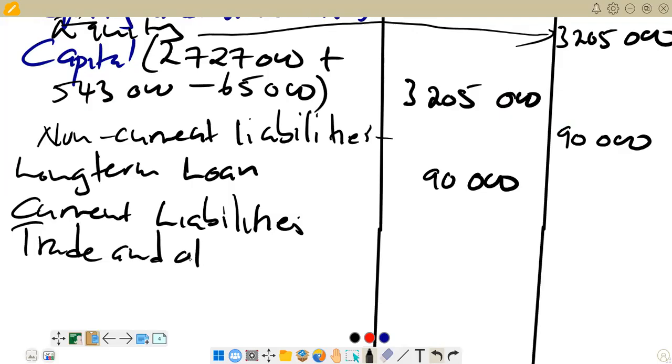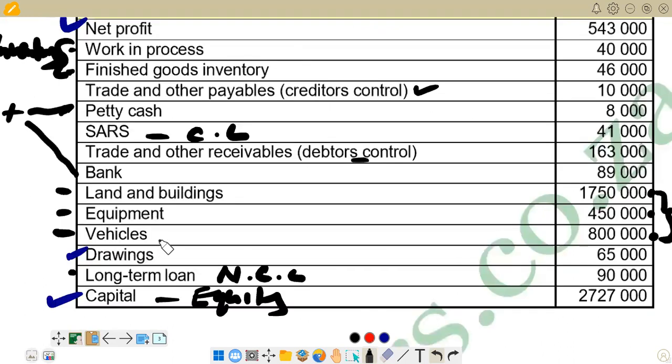So on trade and other payables, we have the amount that we have there. It's 10,000. So we're going to check again. What else do we have? So we've got that figure that we classified as a current liability. If you still remember for SARS, this is tax that we owe to SARS, South African Revenue Services.